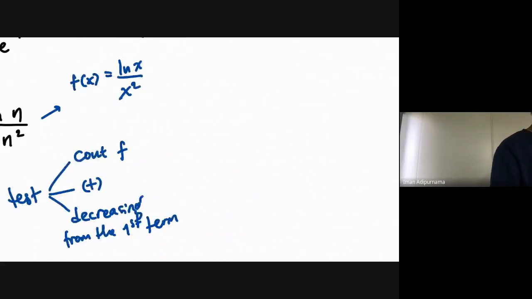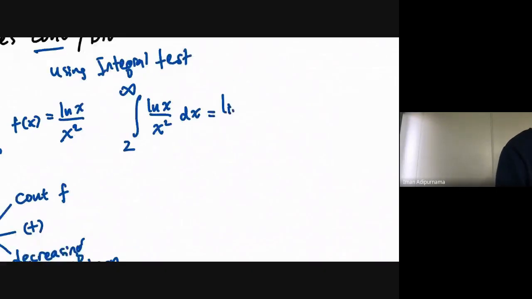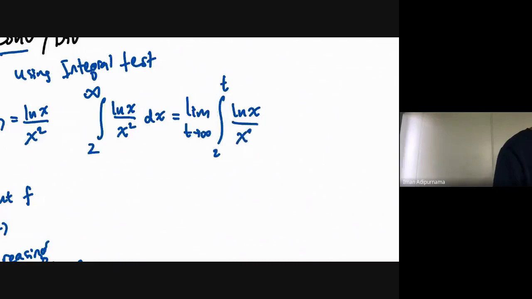And then later, same thing, you can go from 2 to infinity, of ln x over x squared dx.